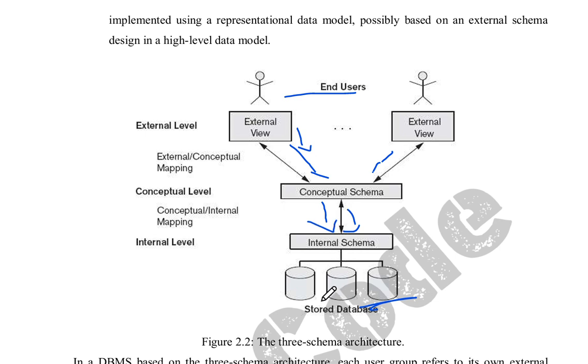Then the database is searched for that particular information, and when it is found, it goes back to the conceptual schema and returns the retrieved data. This conceptual schema then returns the data to the external view and it is viewed by the end user.